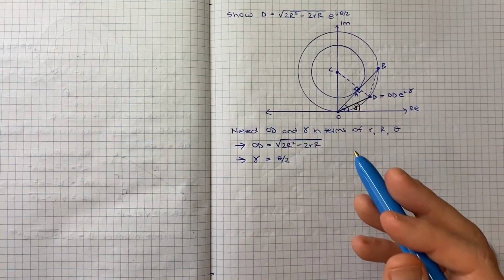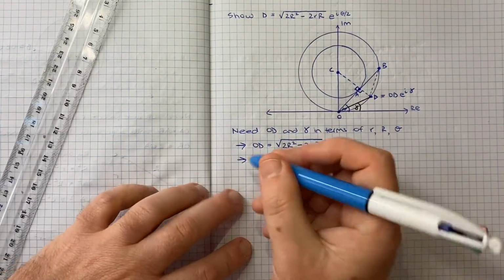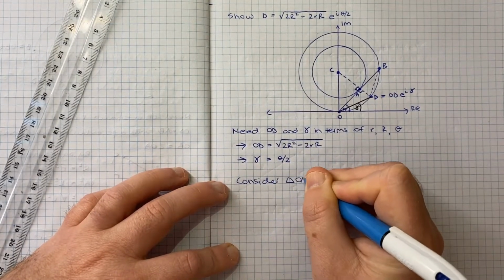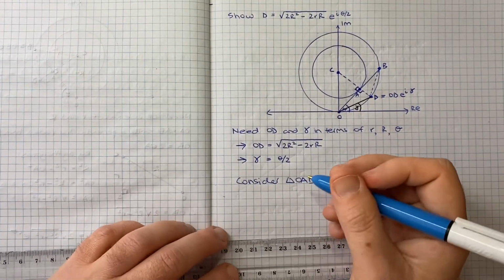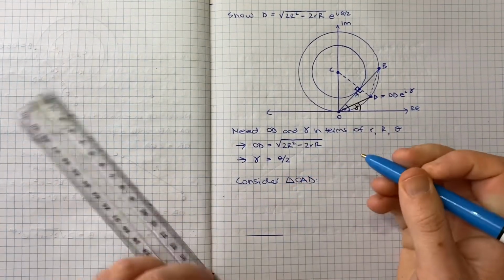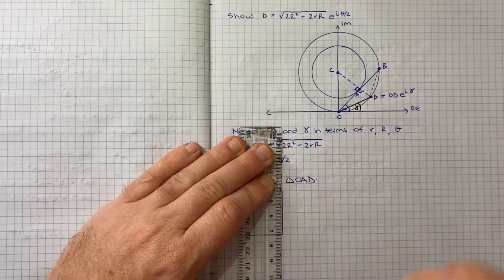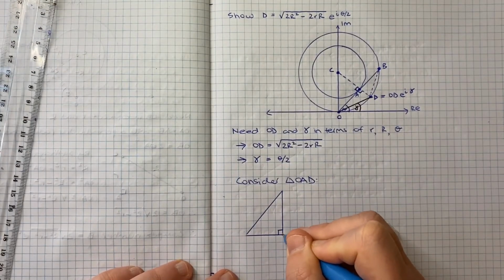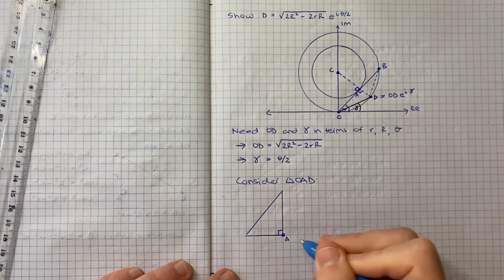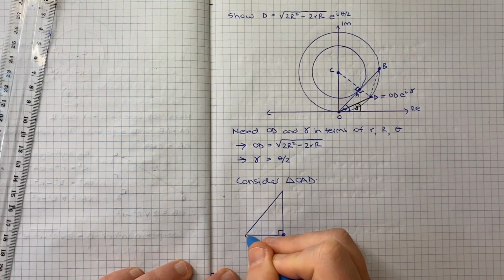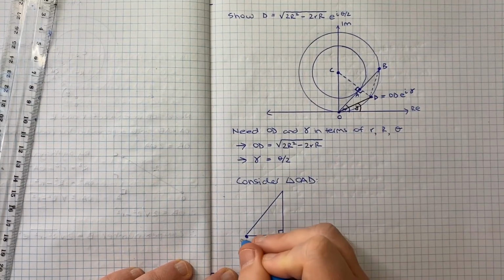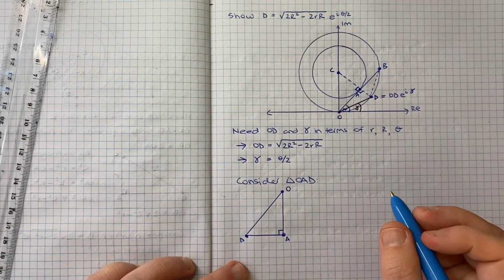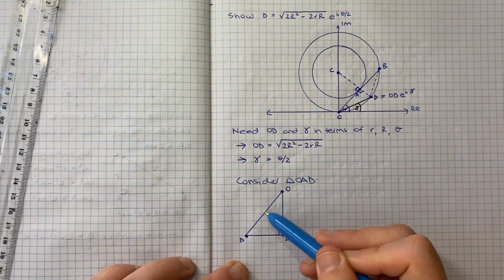So what I might do is draw up this triangle. Let's start by saying, let's consider triangle OAD, and I'll just draw it up so that we can annotate it without all the noise from the rest of the diagram. If I put the right angle here, then this point would be A. This point here would be D, and this point here would be O. And as I mentioned, OD is what we're looking for.